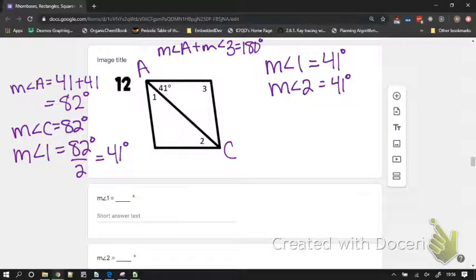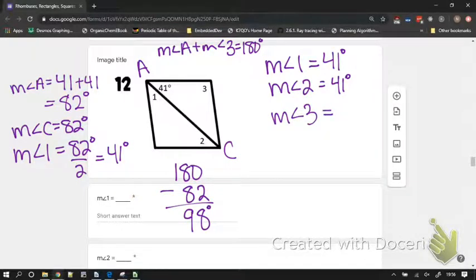Okay, so to find the measure of angle 3, we just have to take 180 minus 82 for that whole angle. So 180 minus 82 should leave us with 98 degrees. And that would be the measure of angle 3.